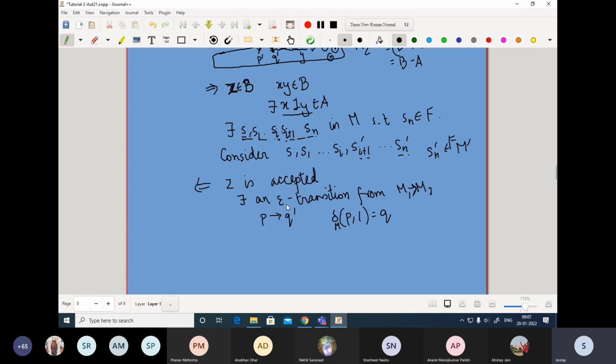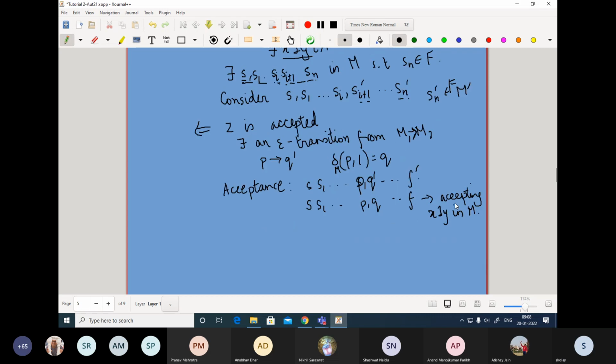So now if you consider the acceptance path, there must be at least one acceptance path. So let it be S1, and then you have P, Q', and then some final state F. So you construct S1, P, Q, F. This will be accepting X1Y in M, and this is accepting XY.